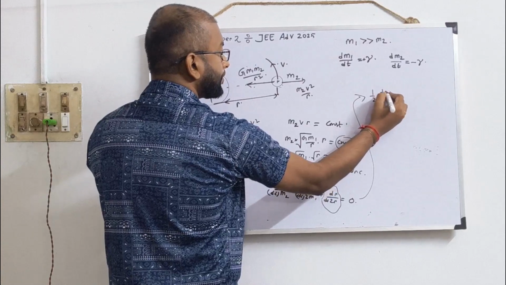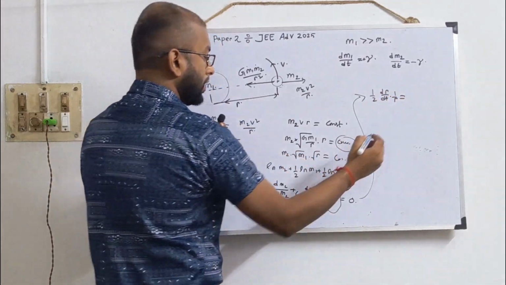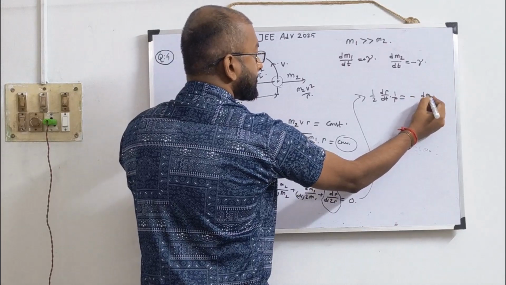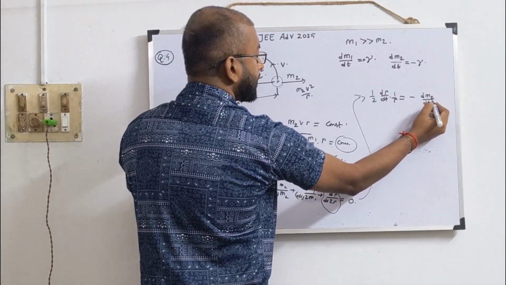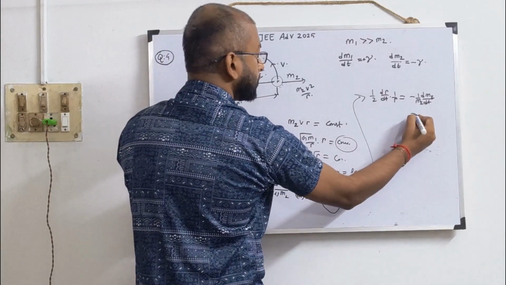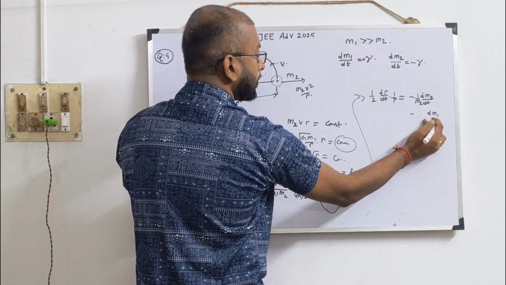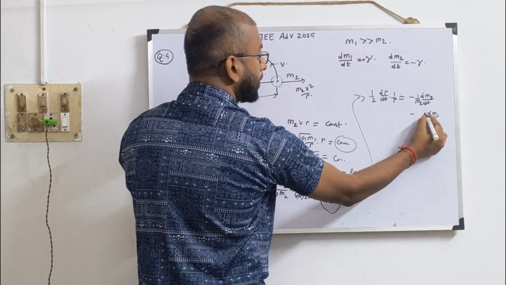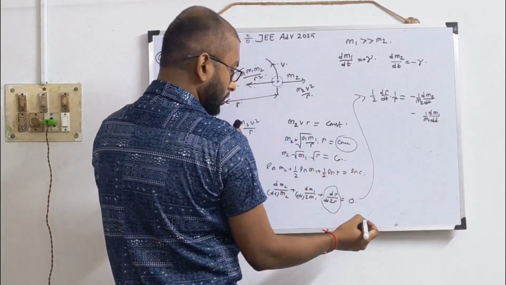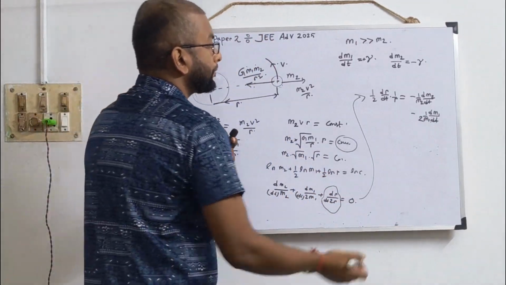So half of dr/dt into 1 by r, that I am getting minus dm2/dt into 1 by m2 minus dm1/dt into 1 by m1. So there is another 2 you are getting.